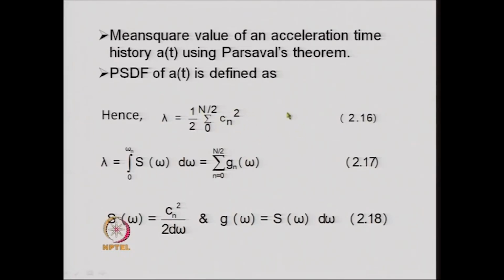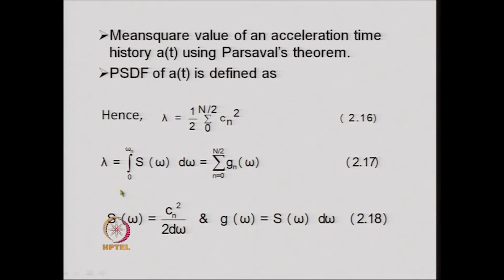So, Cn square is nothing but the real term square plus the imaginary term square, and half of this sum of those squares is equal to the mean square value.